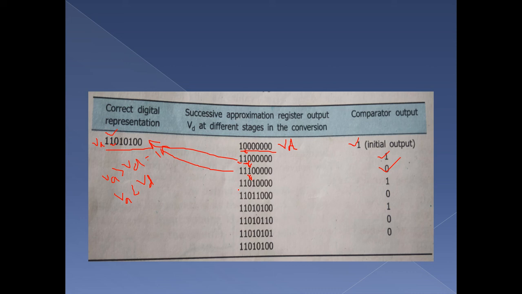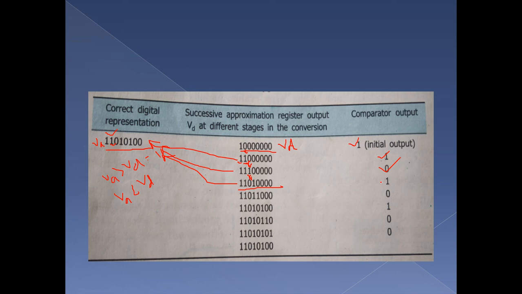The next bit is changed from 1 to 0, and the following bit from 0 to 1, and it is compared with the input. The first bits are equal, the third bit is 0 and equal, the fourth bit is 1 and equal, the fifth bit is 0 and equal, and the sixth bit is 1 here while VA has 0.